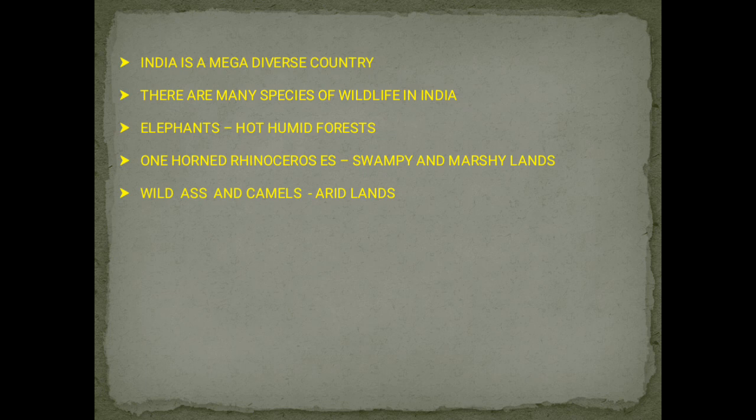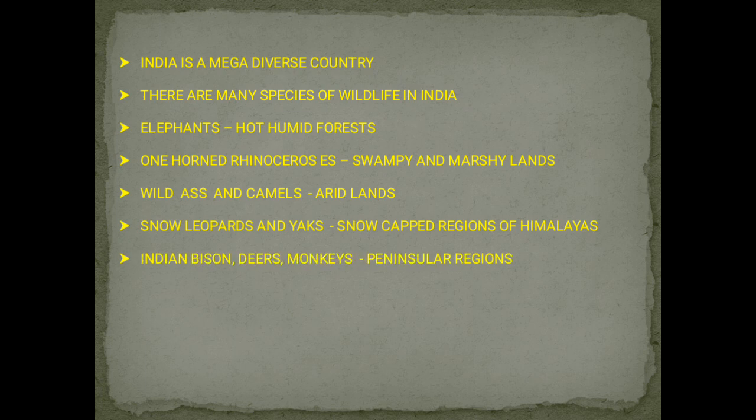Arid means very dry lands. Snow leopards and yaks are found in the snow-capped regions of Himalayas. Indian bisons, deer, antelopes which resemble a deer, and monkeys are found in the peninsular region. India is the only country in the world where both tigers and lions are found.